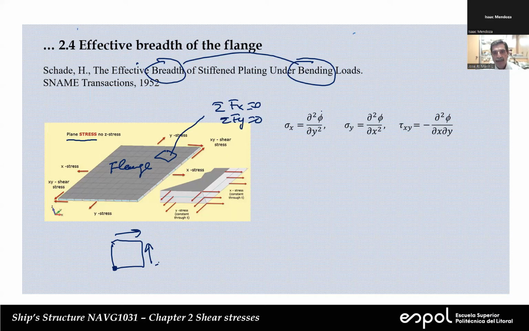We define a new variable, phi, and this is what people call the Airy stress function. There is an error here. This is the definition, the way we define the Airy stress function.